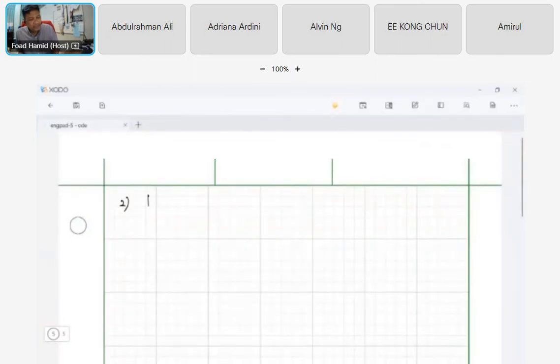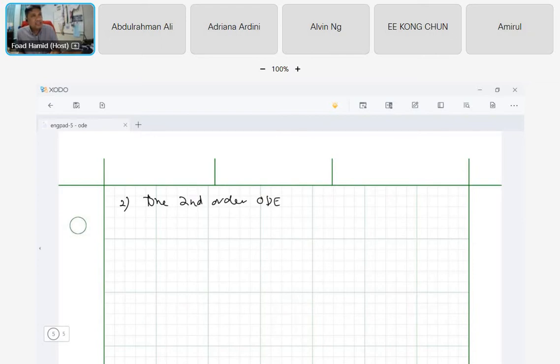I think what we did was this equation: d squared y/dt squared minus t plus y equal to 0.